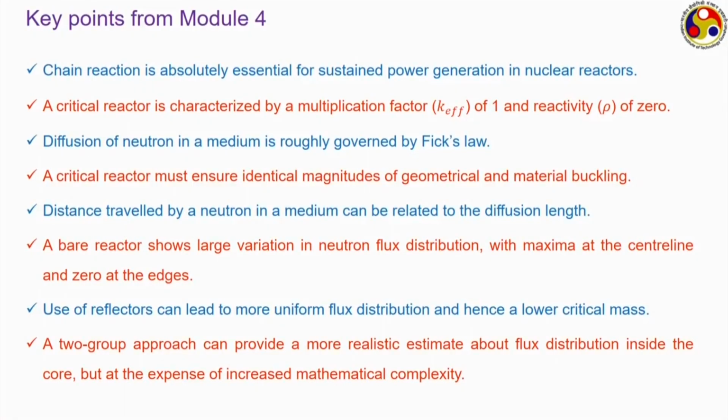And once we have the complete information about this flux distribution, how to utilize this in calculating the power rating of the reactor. Actually, I forgot to mention the last one, which is the two group approach, which was found to provide a more realistic estimate but added computational or mathematical complexities of course.